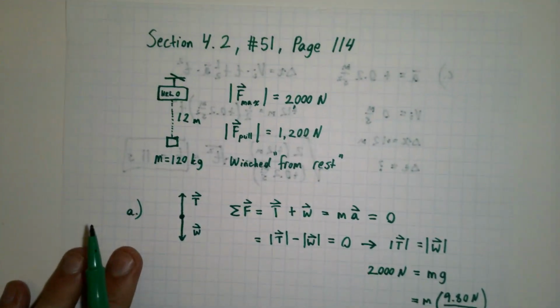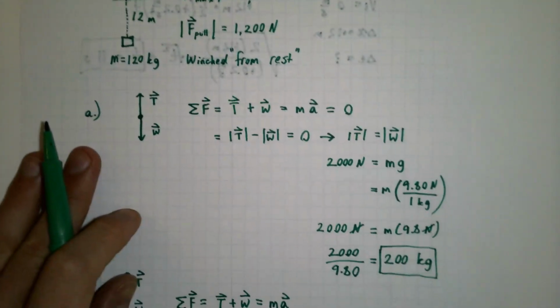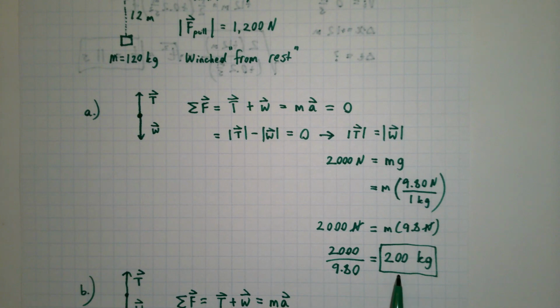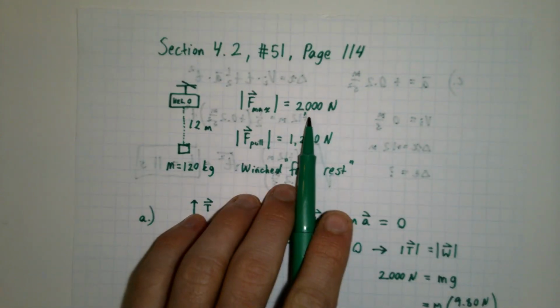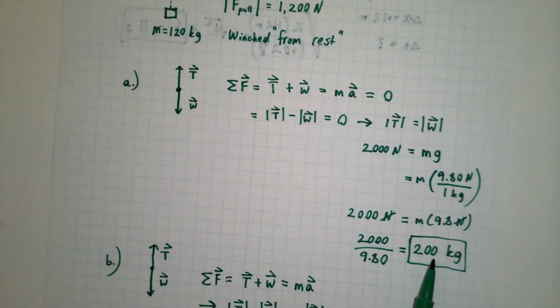So, recapping, the cable that has a maximum pulling force of 2,000 newtons can support a maximum mass of 200 kilograms.